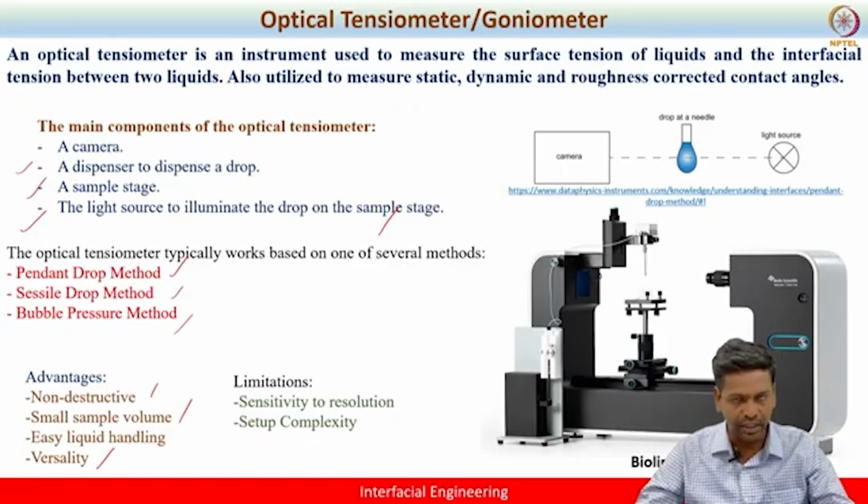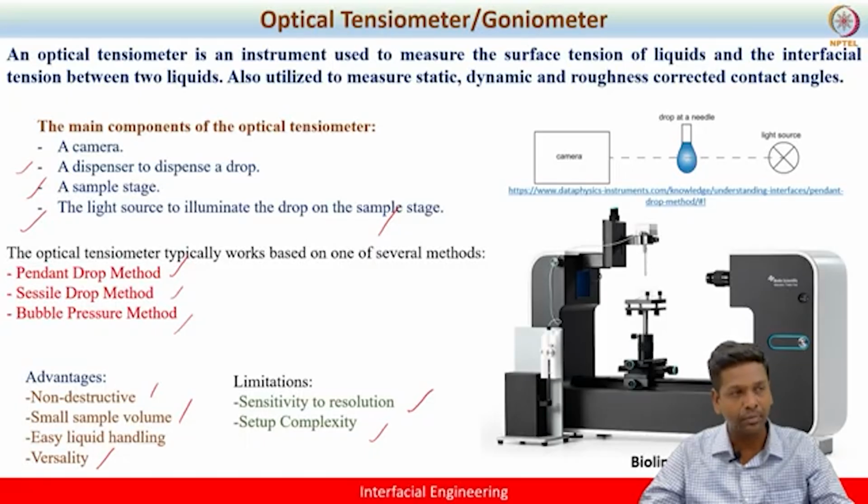There are certain limitations too. Because this is an image-based technique, one needs to worry about the sensitivity to resolution while capturing the image, and also setup complexity, which means that every time one has to perform calibration.